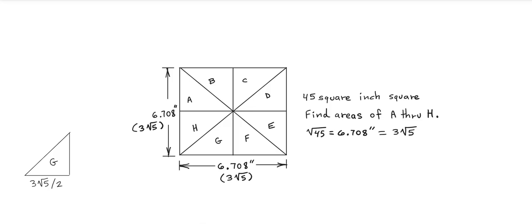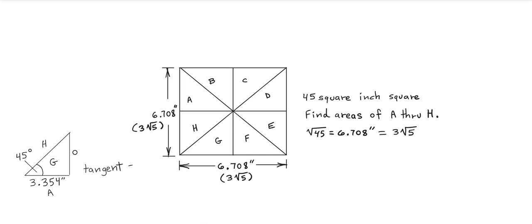So the adjacent leg in this case is half of the 3 radical 5 width, so 3 radical 5 over 2, and then we know this is a 45-degree angle, and we find the opposite side, and then of course we have the diagonal connector, that's the hypotenuse, and then the 3 radical 5 divided by 2, or 3.354 inches, is the adjacent.